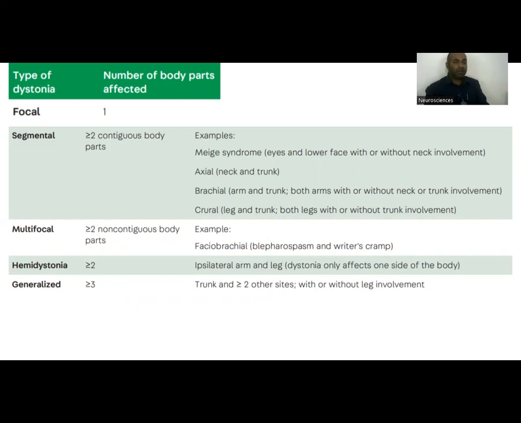So they are segmental, two or more contiguous body parts. Multifocal is two or more non-contiguous body parts. For example, blepharospasm and writer's cramp would be a multifocal dystonia. Hemidystonia is one side of the body. And generalized is trunk and two or more other sites.